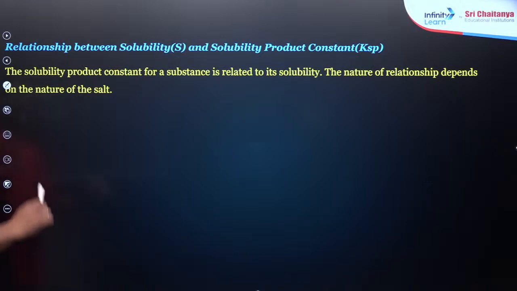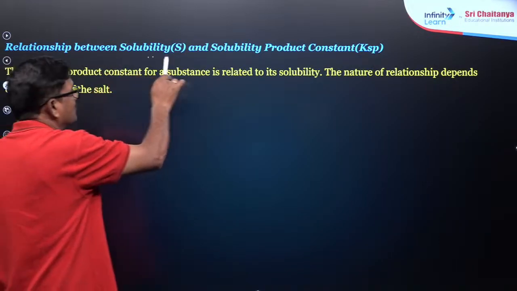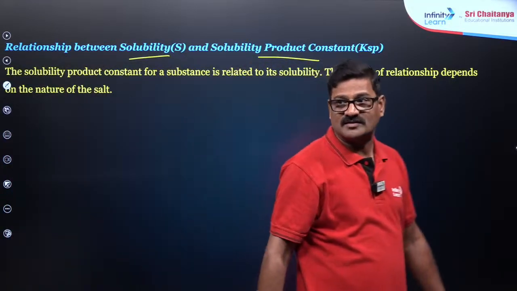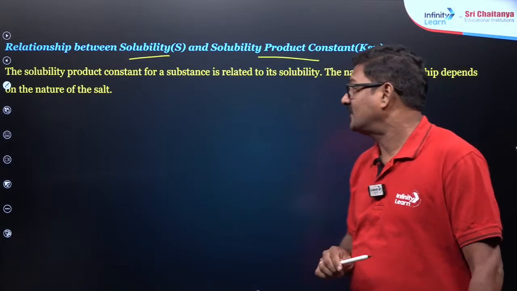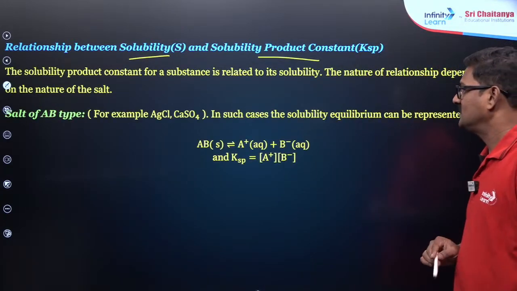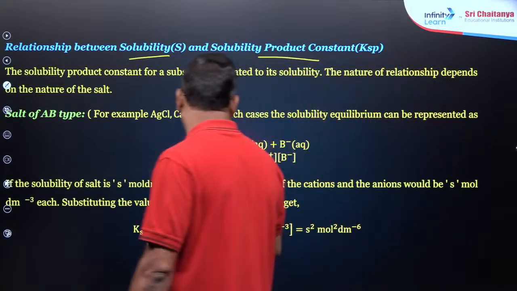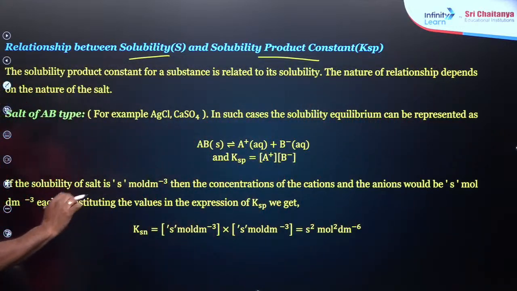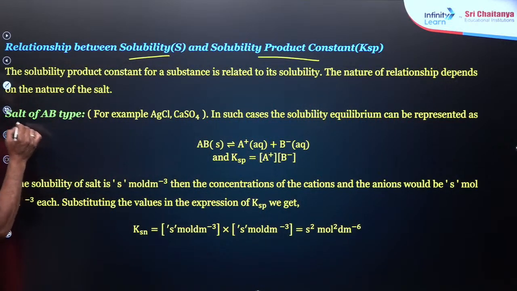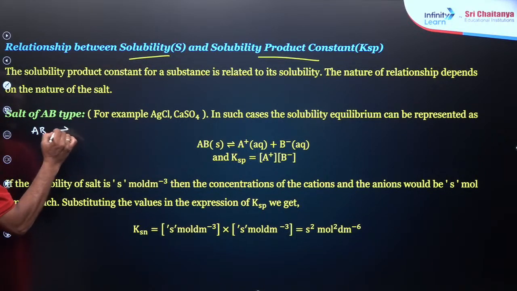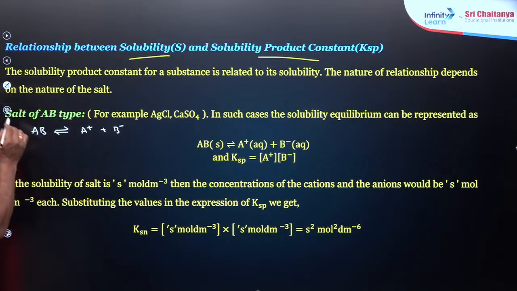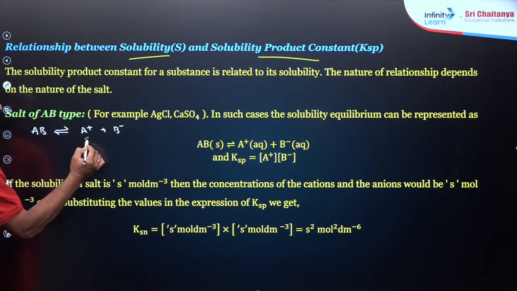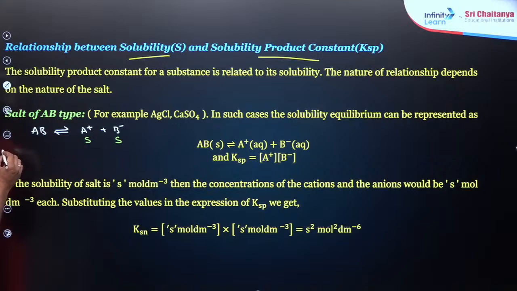Now let's see the relation between solubility and solubility product. Ksp and S relation. Let us say Ksp is given here. I just want to write this as AB type. It is given as A plus and B minus. Let S be the solubility.